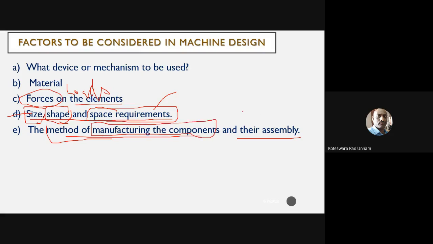He also has to consider how we can assemble all those elements, like what type of joint you are going to use in the assembly, whether it is a permanent joint or a temporary joint. Based on that, he also has to decide on the other components. So the manufacturing methods and also the assembly of each and every component is an important factor to be considered while designing a machine element.